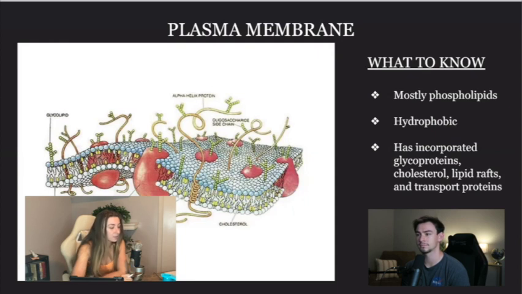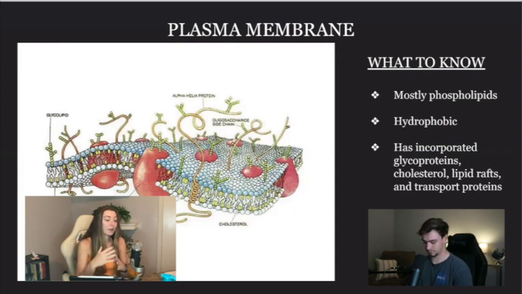I also want to mention that I think about the plasma membrane sometimes with exocytosing and endocytosing, if you've ever wondered how that works. Let's take it from where John was going.